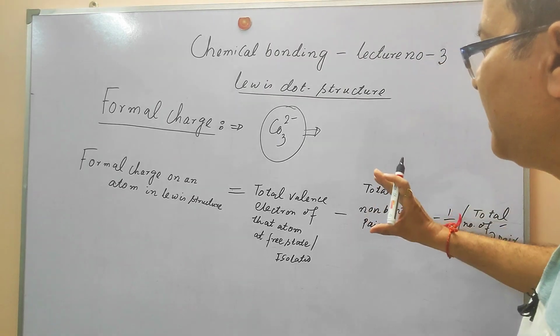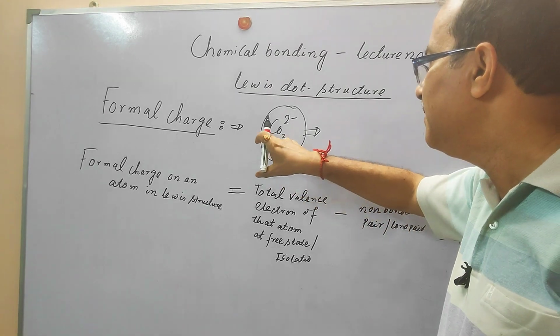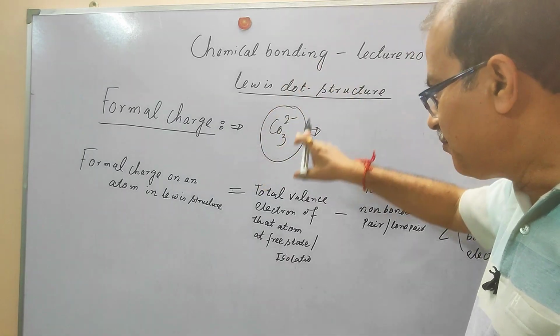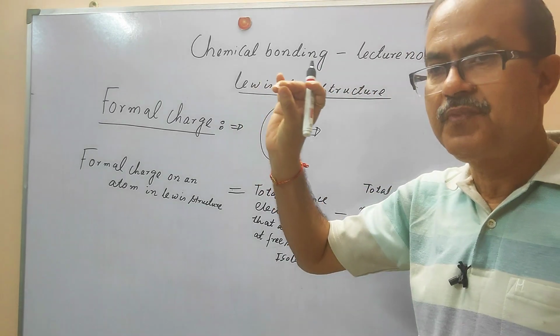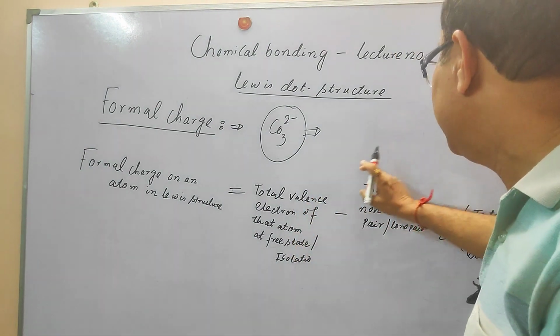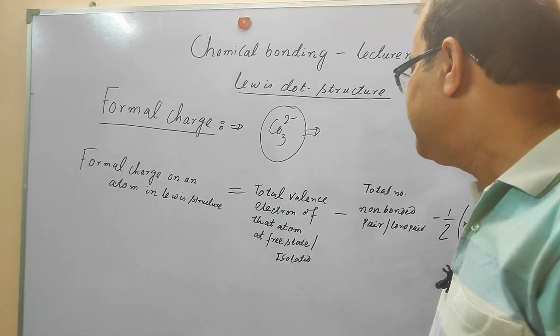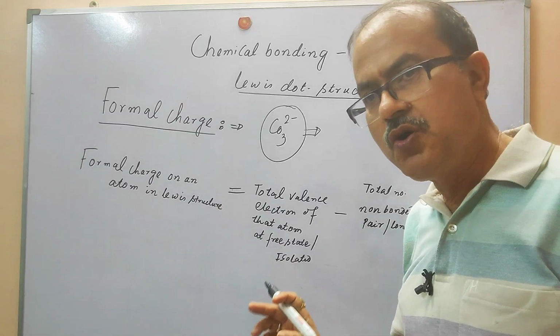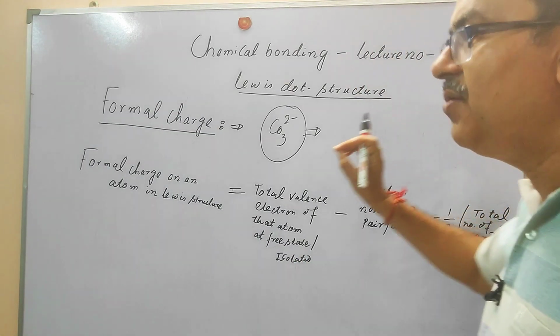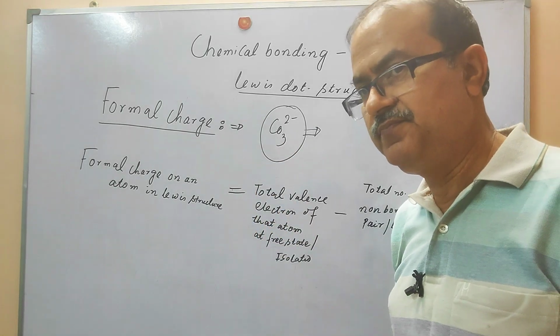This is the formula. You have to know the total valence electrons of this carbon. Then you have to know, in the Lewis structure, whether there is any non-bonded pair or lone pair of electrons, and what about the bond pair electrons.